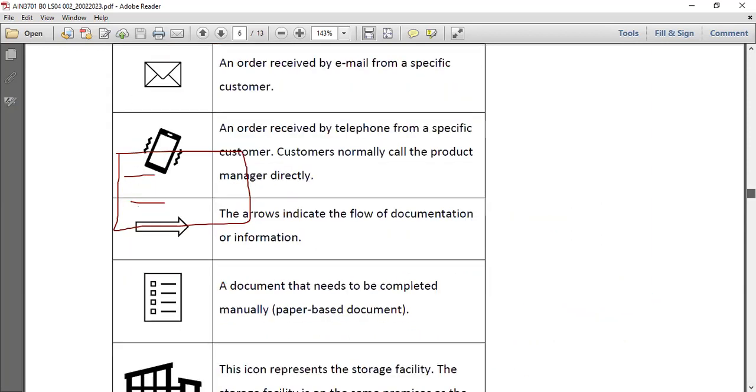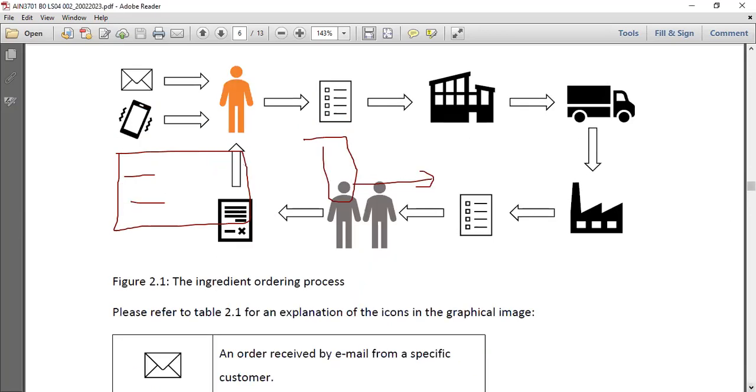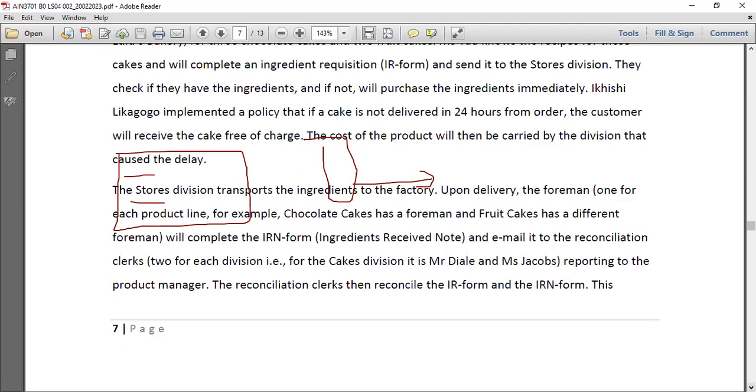So this is Miss Tau completing the internal requisition form here. And this is the sending of the form to stores. This is stores now. Right. Then after stores, they check whether the items are there. If they are not there, then they will be ordered.